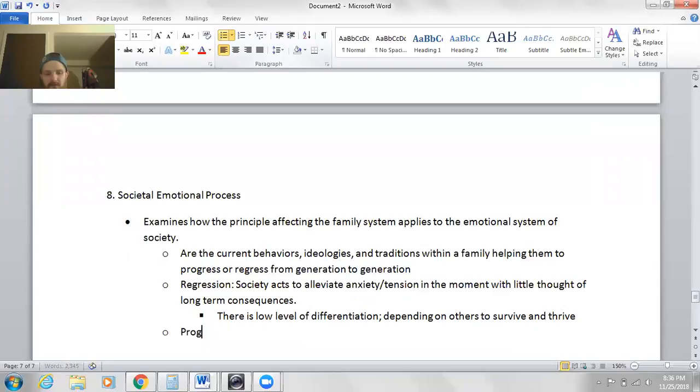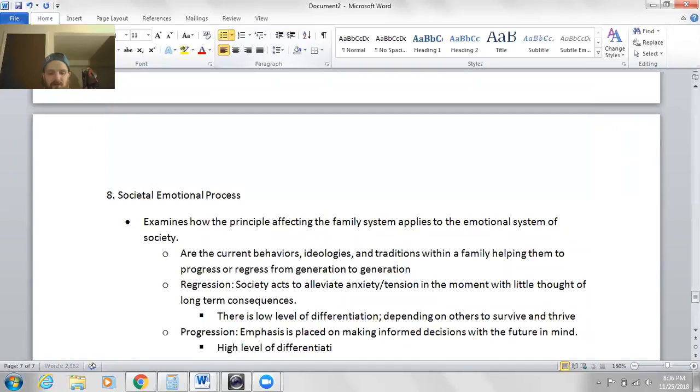And the other, progression, emphasis is placed on making informed decisions with the future in mind. So this is high level of differentiation.